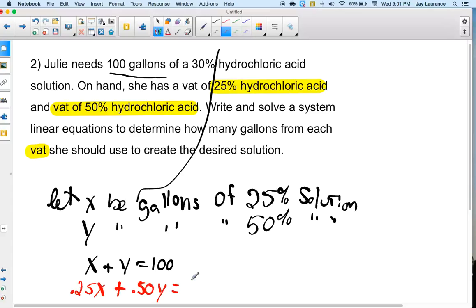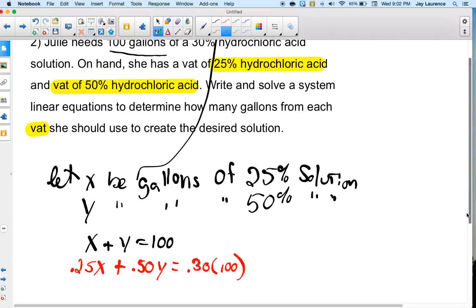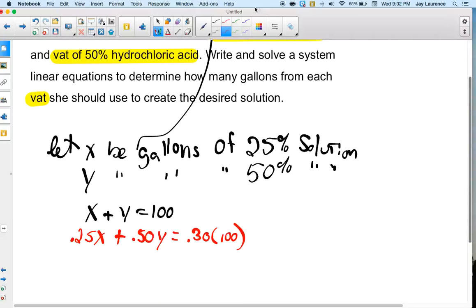In this one, I have a total gallons and a total percentage. So I'm going to be consistent. I did percent times gallons plus percent times gallons, and I'm going to do percent times gallons. All right, and I'm going to cross that out there. Okay, because I know that 30% of 100 is 30.